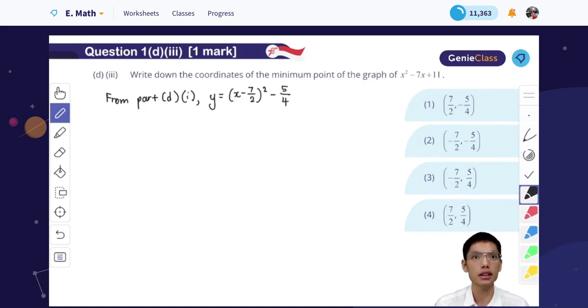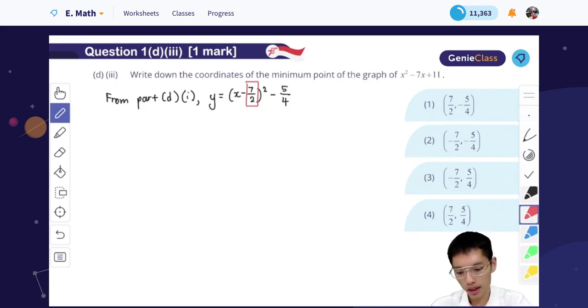but some of you have some mistakes in terms of identifying the turning point, regardless minimum or maximum in this case. For the minimum point, we are always just taking the numbers over here. So the first number we are taking is just this particular number over here, 7/2.